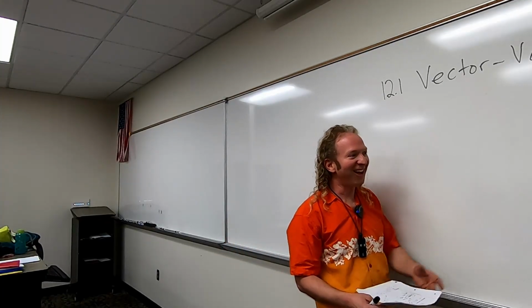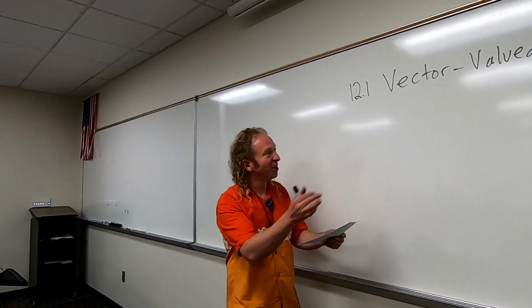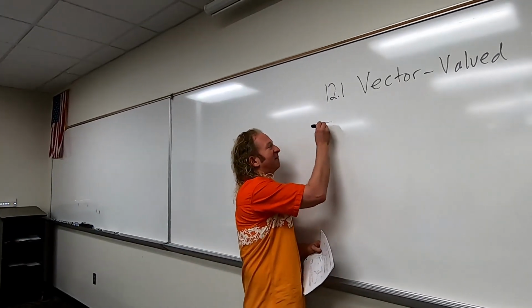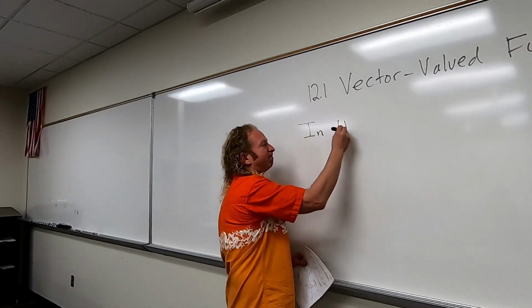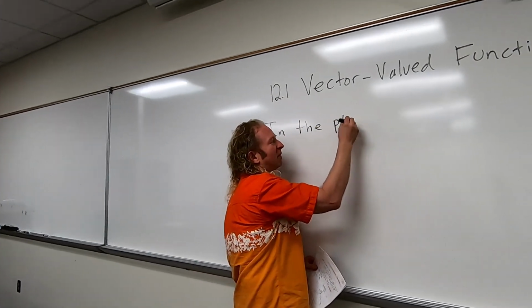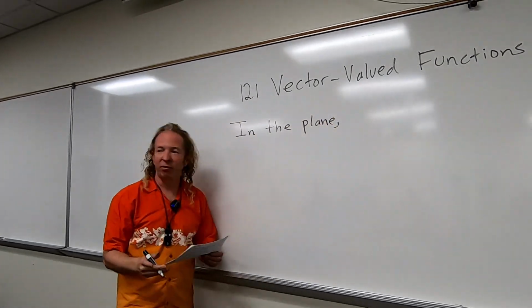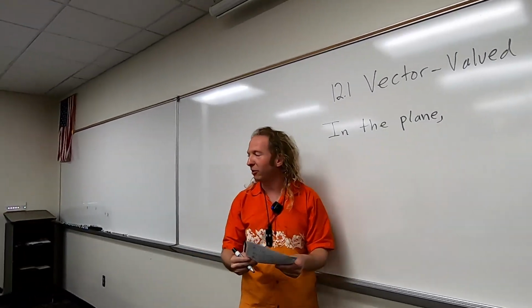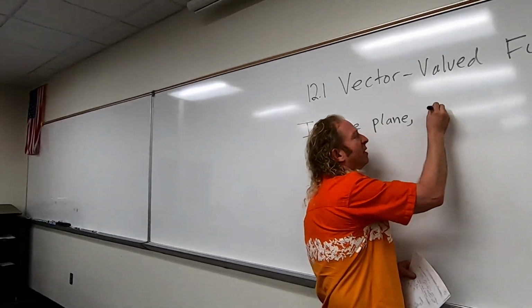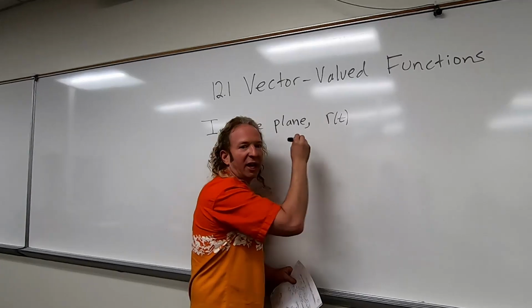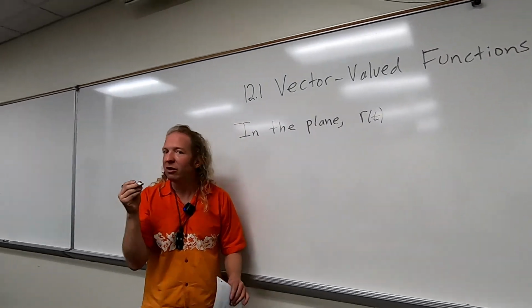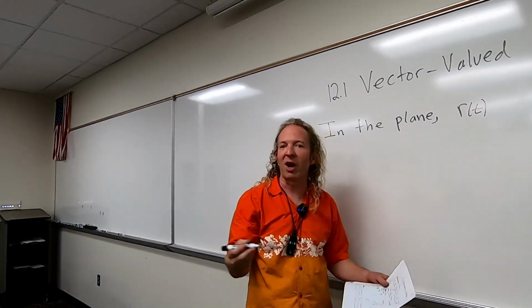So vector valued functions. What is a vector valued function? In the plane, a vector valued function might look like this. We have r. You're supposed to put a vector symbol above the r, but you don't have to. If you don't write it, I'll let it go.